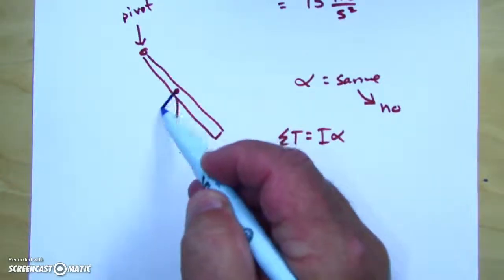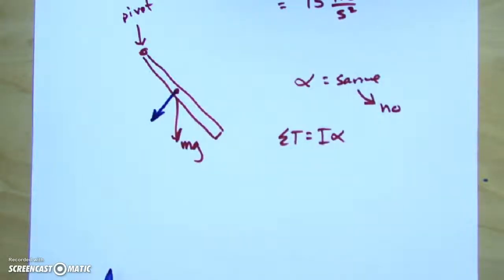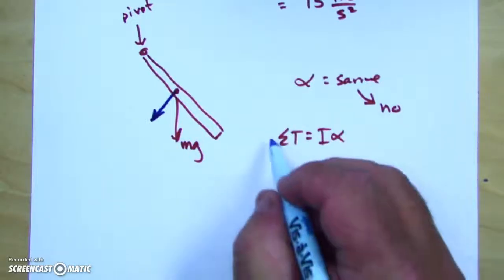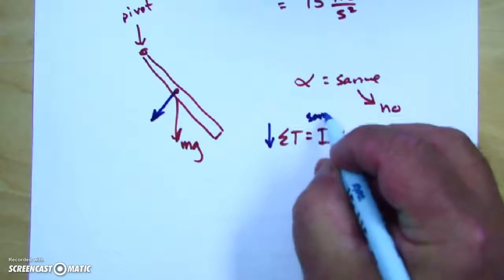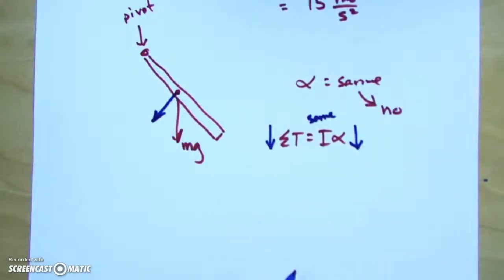So what's going to cause torque is that. So in order to solve this, you'd have to know the angle. But realize the torque is going down. This stays the same. So therefore, alpha has to go down in that.